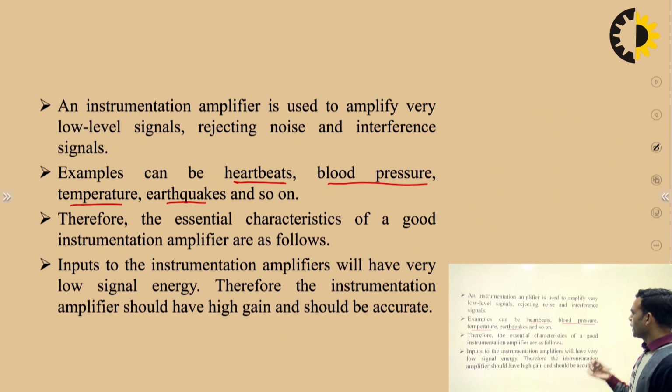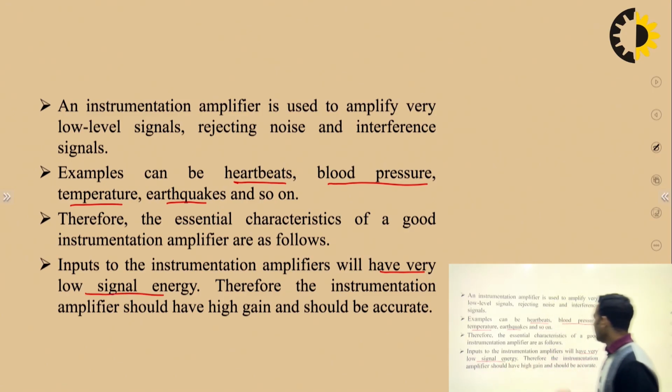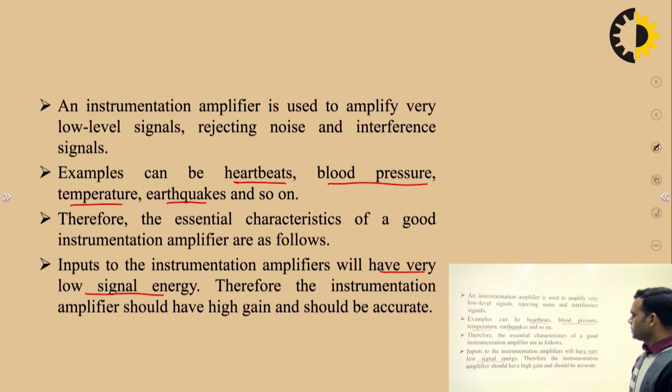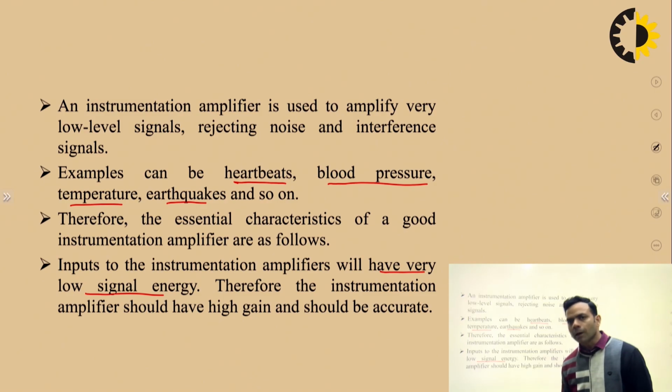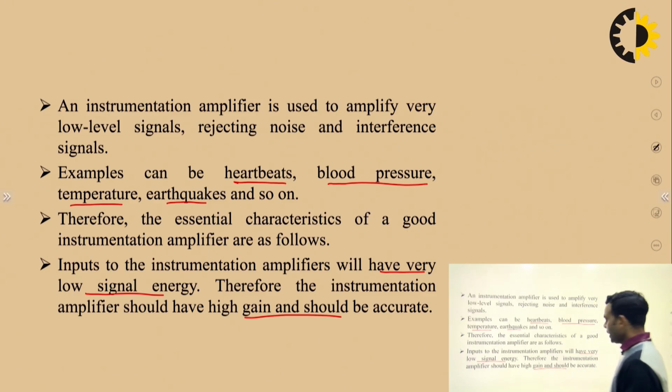Therefore, the essential characteristics of good instrumentation amplifiers are as follows. That means it will have very low signal energy. So, to overcome this, that means to get a sufficient amount of output, gain should be very high and it should be accurate.